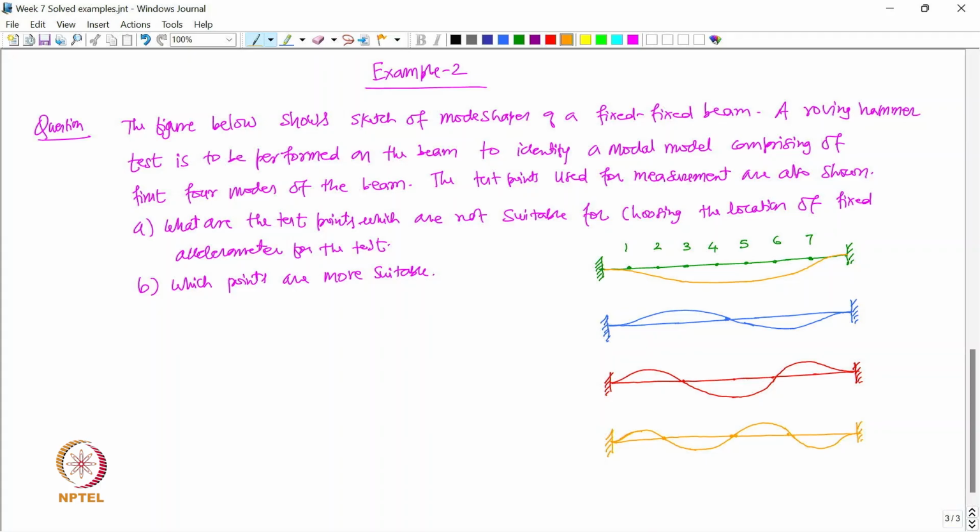Okay. So, that is the fourth mode shape, right, and these are the points basically.